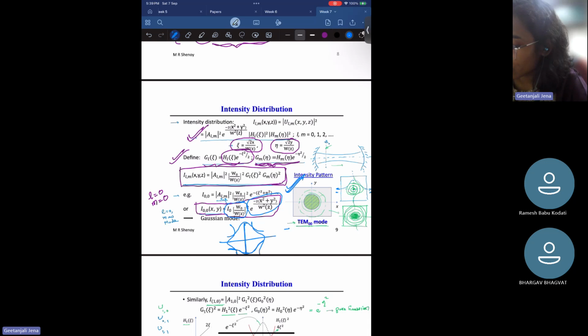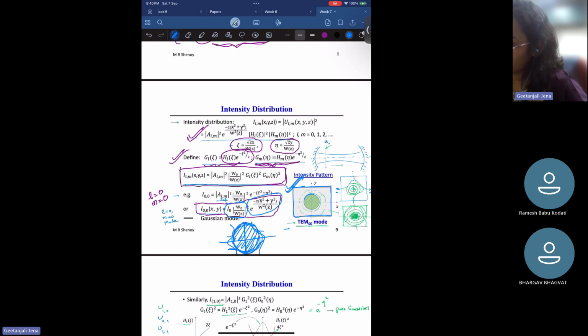So that means you get a circular intensity pattern here, right? Which decreases monotonically as we increase the value of x and y. If you see this figure, this shows the fundamental mode, that is the TEM00 mode of the resonator.